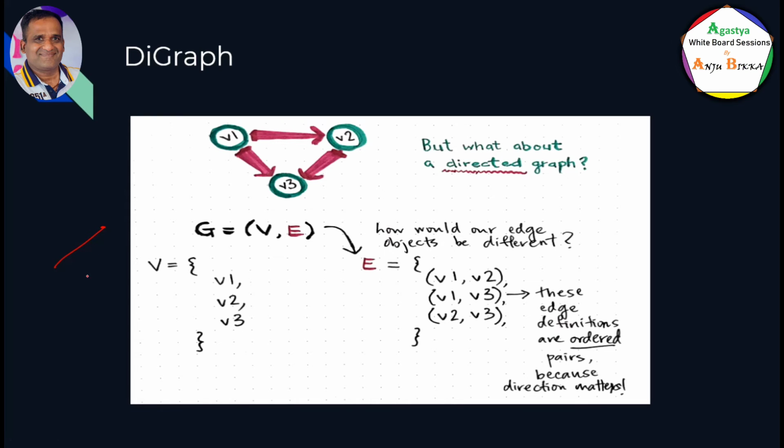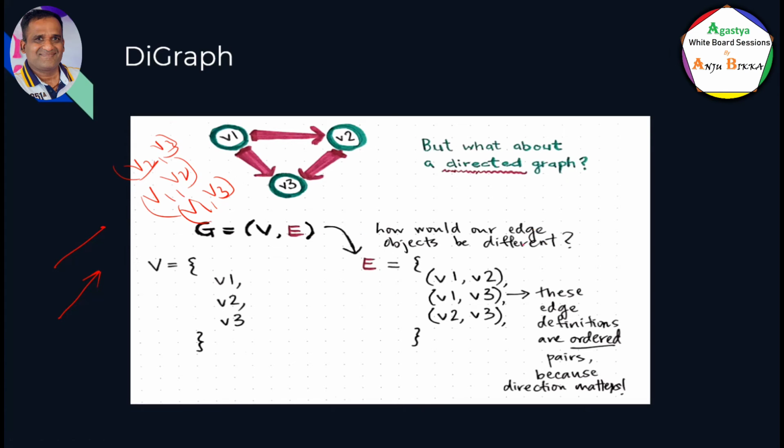If the edges are directed edges, then it is called a directed graph or digraph. You can see here, V1 to V2, V2 to V3, and V1 to V3. So the edges are V1, V2, and V1, V3, and V2, V3.